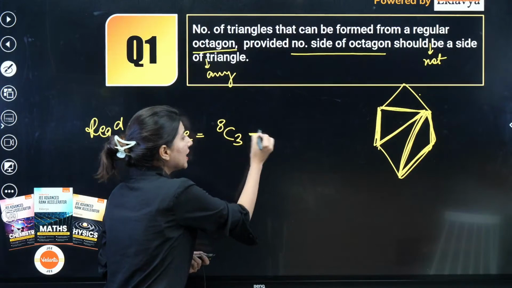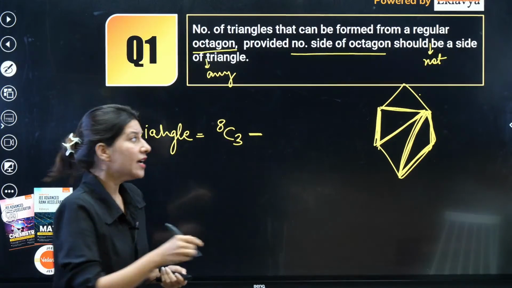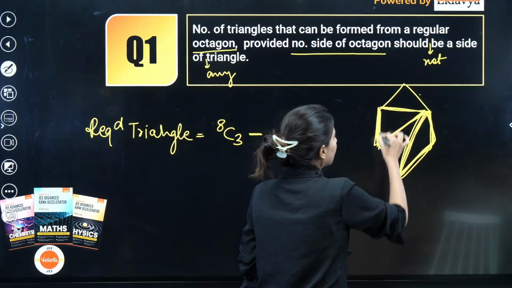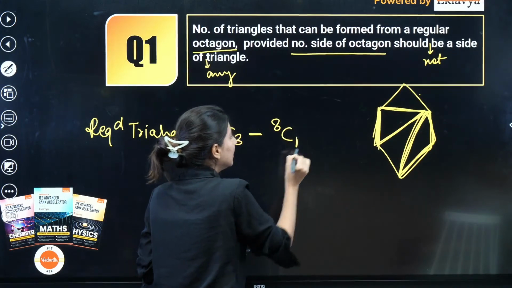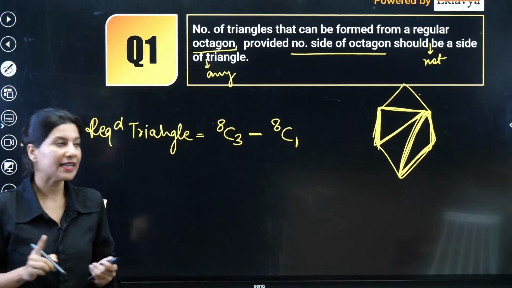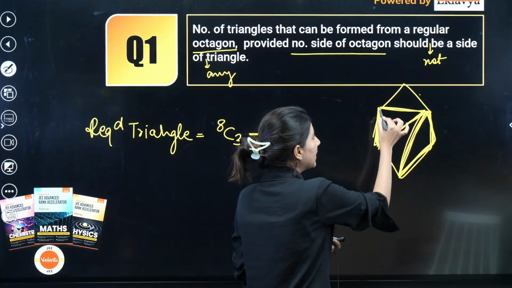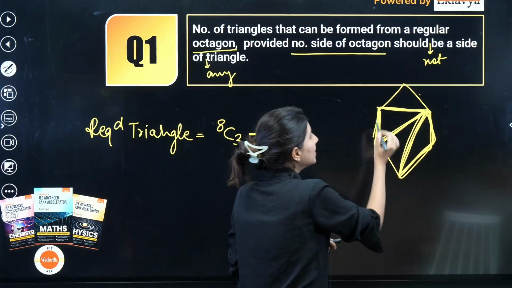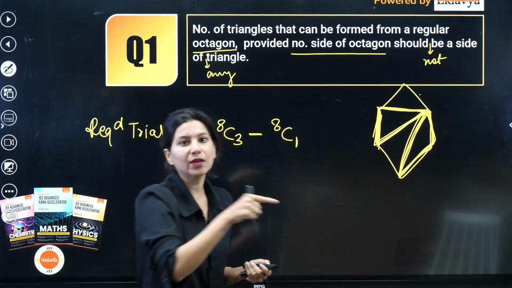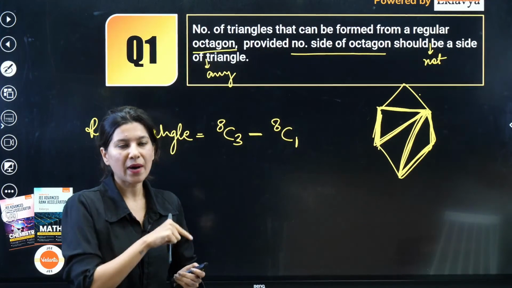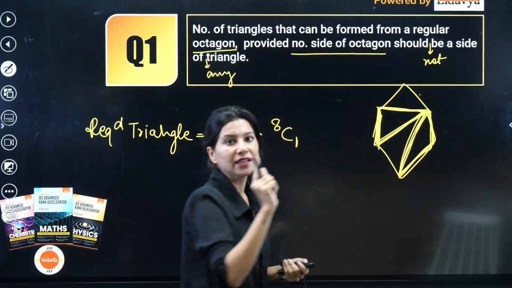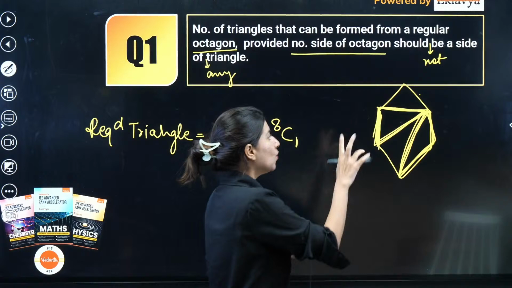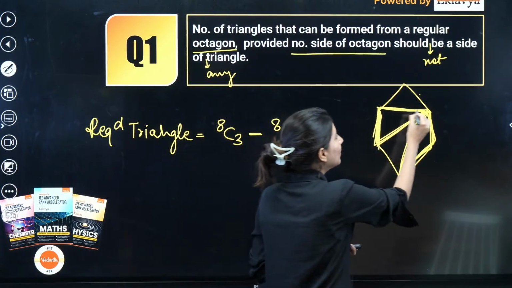So minus, I'll be subtracting those triangles where one side is common. Out of 8 sides, let me select one side, because I am counting all those triangles whose one side is coinciding with the octagon. So 8C1.